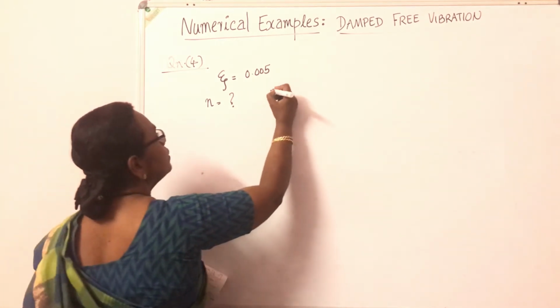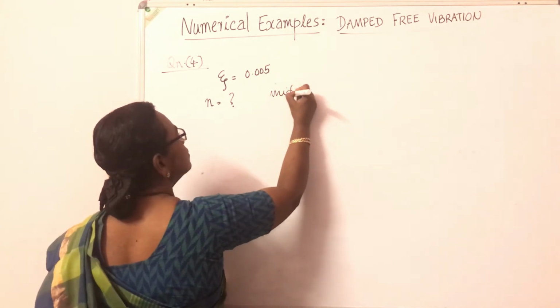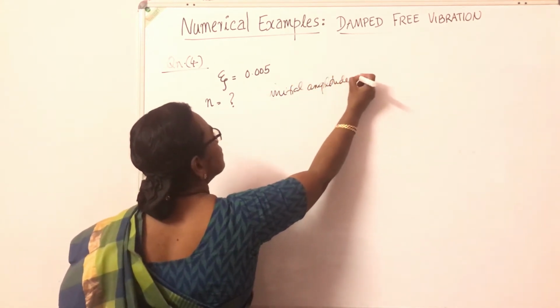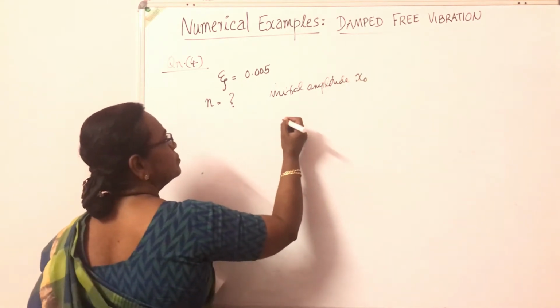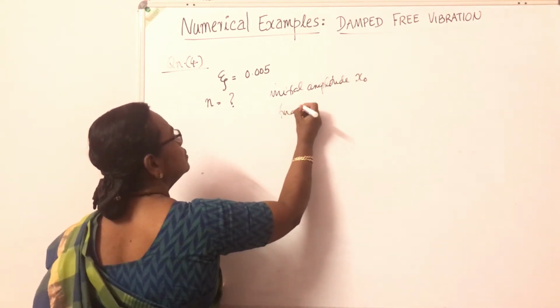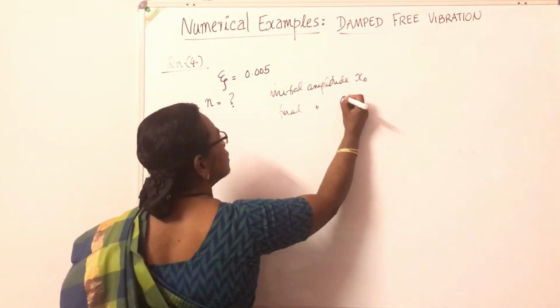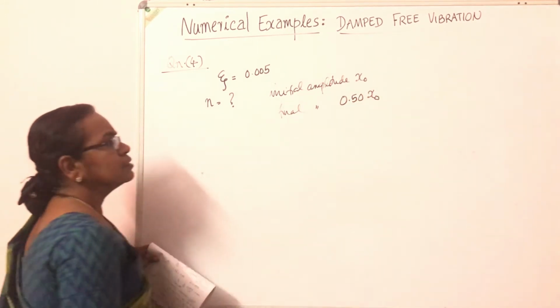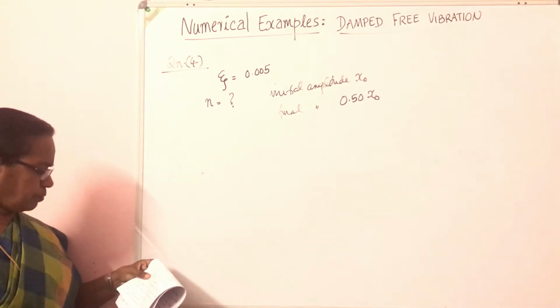So let us assume the initial amplitude is x0 and the final amplitude, reduced by 50%, is 0.5x0.